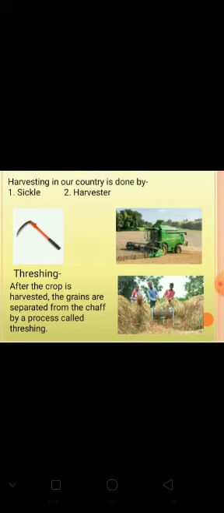Dear students, in this, plants are beaten to the ground to separate the chaff from the grain, or it is done by a machine called a thresher. Nowadays, in large farms, a farmer uses a machine called a combine, which performs a dual job. That means it acts as both harvester and thresher.